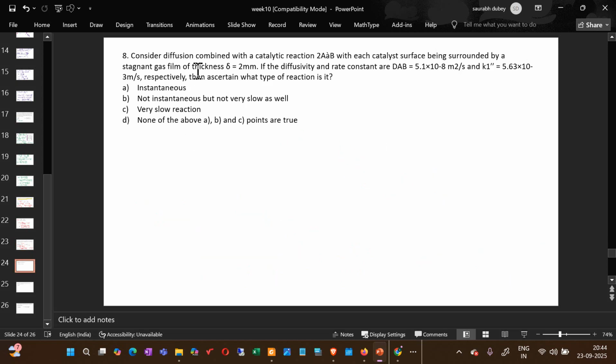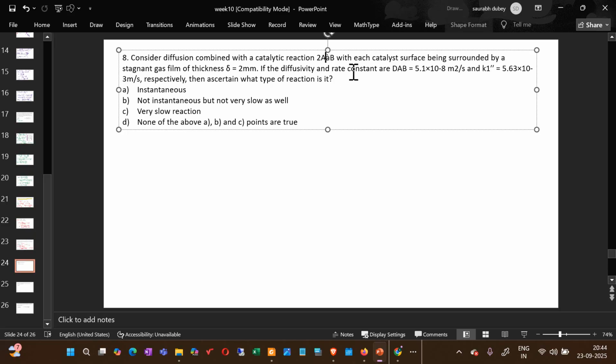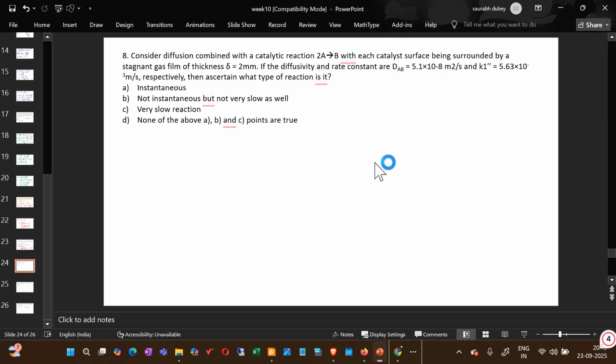Consider diffusion combined with a catalytic reaction to give B, with each catalyst surface being surrounded by a stagnant gas film of thickness delta, and the diffusivity and the rate constant are given. Then what type of reaction is it?